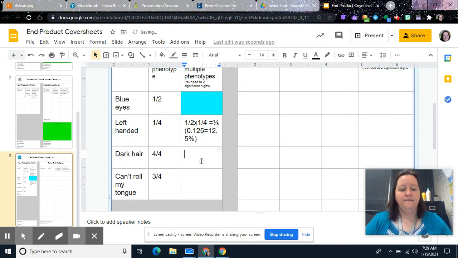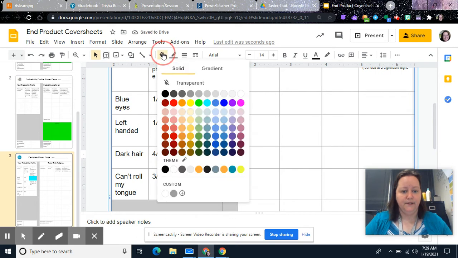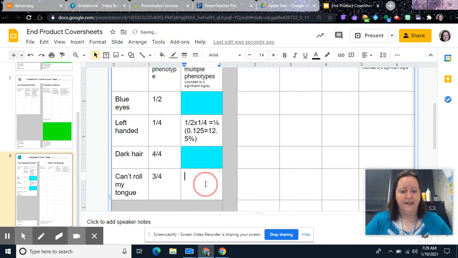Then I want you to do the same thing with the next one. So again, I'm going to fill in that. You'll do 4/4 times 3/4. When you simplify 4/4, that's 1. And so really this is just going to be a 3/4 probability, which is 0.75. If you take 3 divided by 4, that gives you 75%.